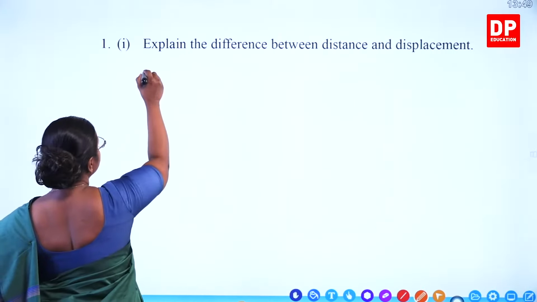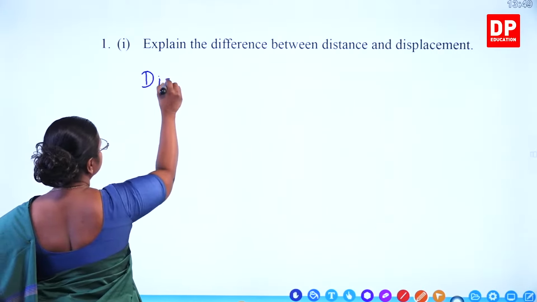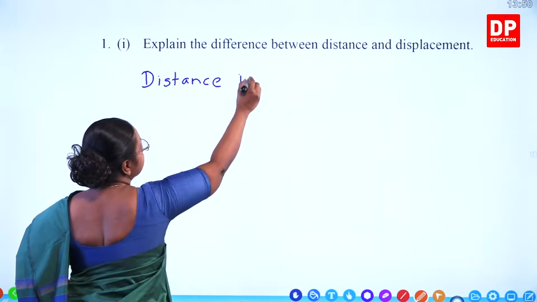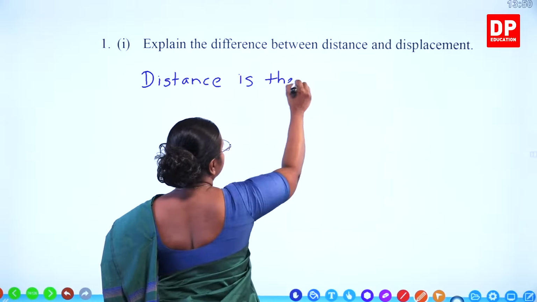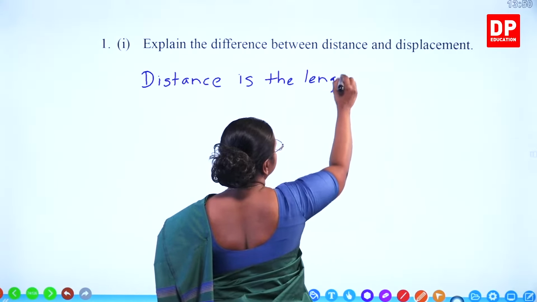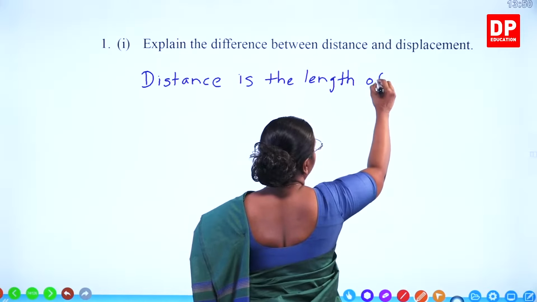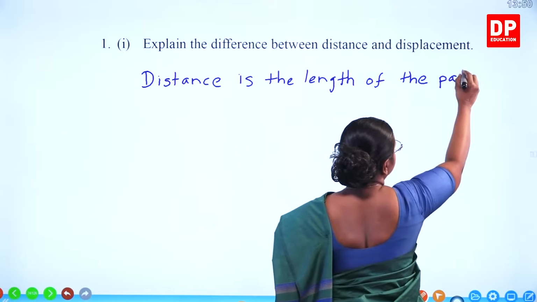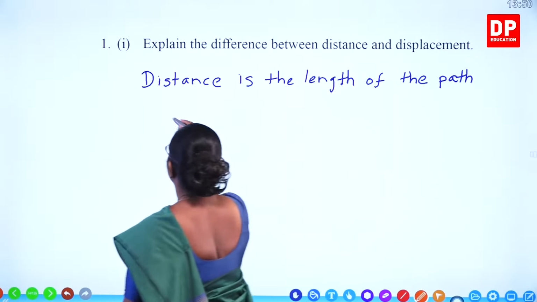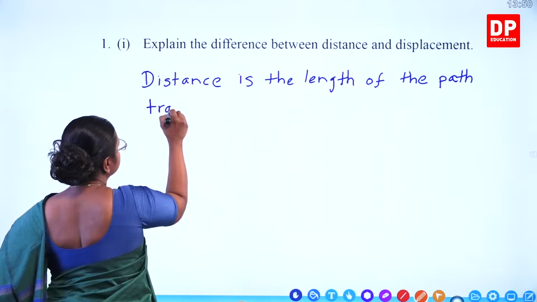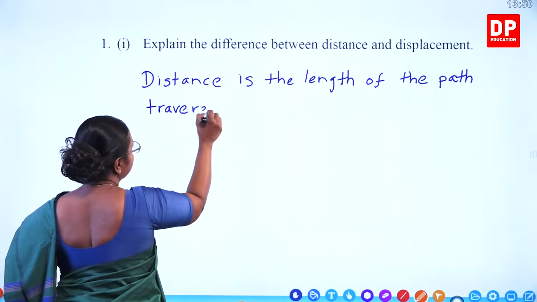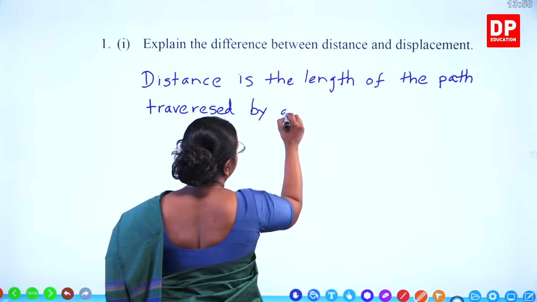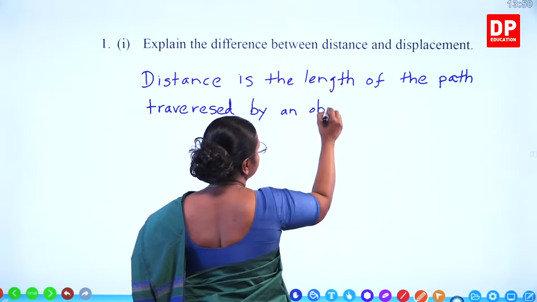So if we write, distance is the length of the path traveled or traversed by an object.